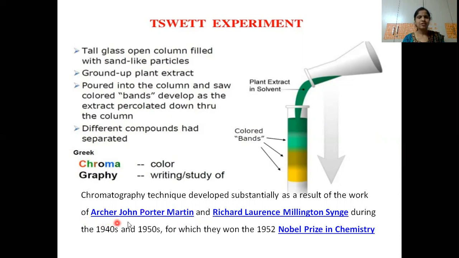The full names are Archer John Potter Martin and Richard Lawrence Millington Synge, or you can simply call them Martin and Synge. These two scientists developed this technique further, and they won a Nobel Prize in Chemistry in the year 1952. They evolved all the other chromatographic techniques based on the same principle.